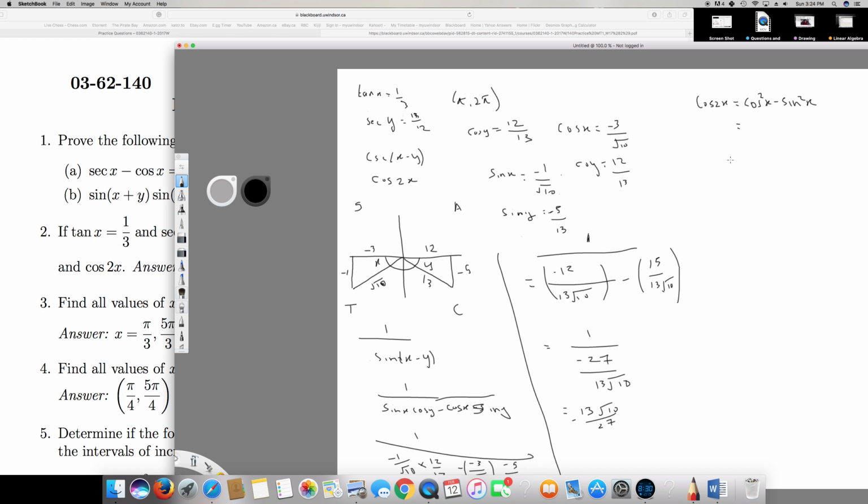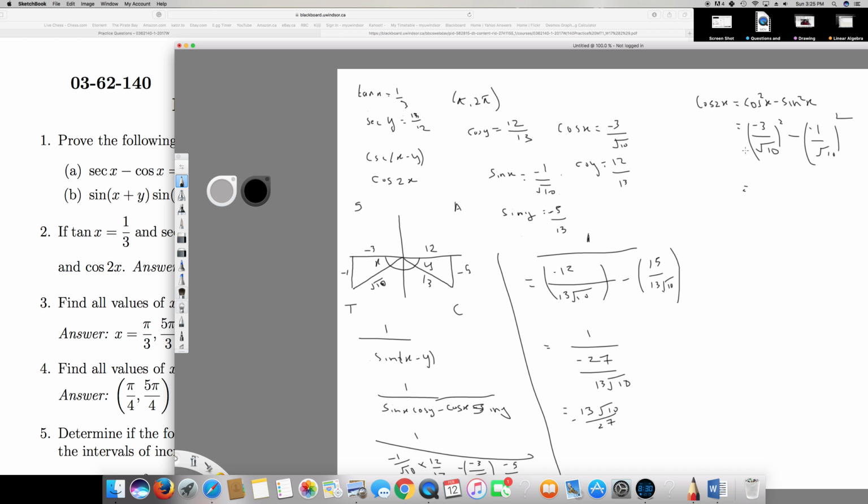So cos square x: we found cos x here, it's minus 3 over root 10, so I have to square it. Minus 3 over root 10 squared, minus sin square x, which is minus 1 over root 10 squared.